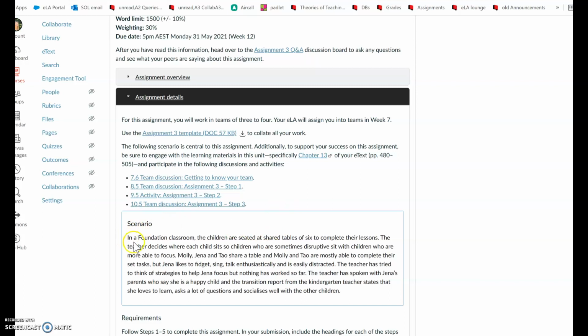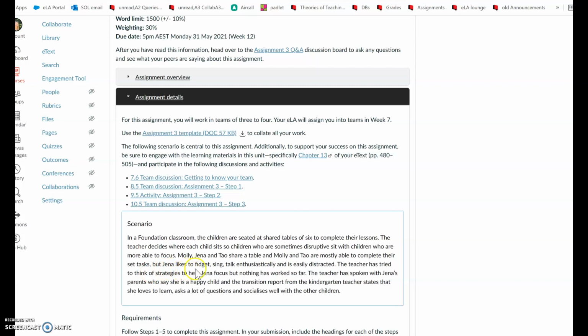It's very brief. In a foundation classroom, the children are seated at shared tables of 6 to complete their lessons. The teacher decides where each child sits, so children who are sometimes disruptive sit with children who are more able to focus. Molly, Jenna and Teo share a table, and Molly and Teo are mostly able to complete their set tasks.